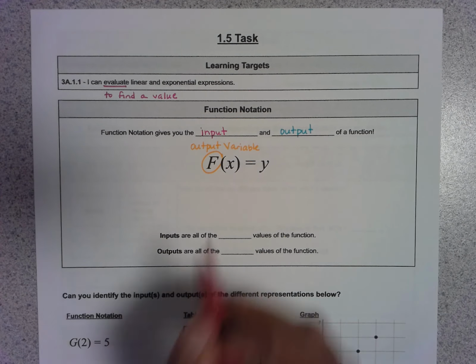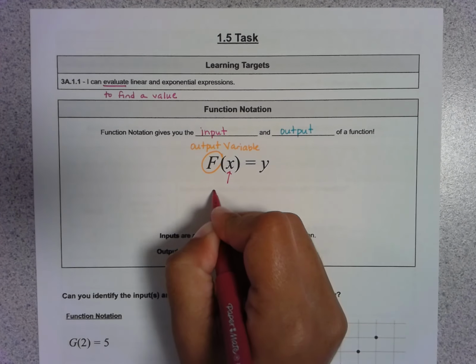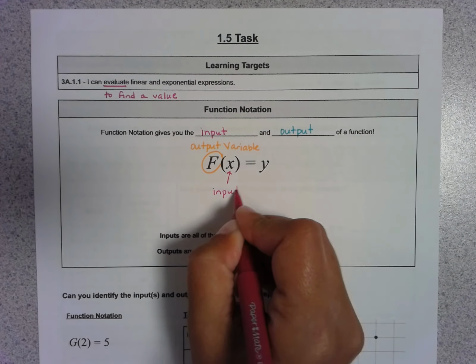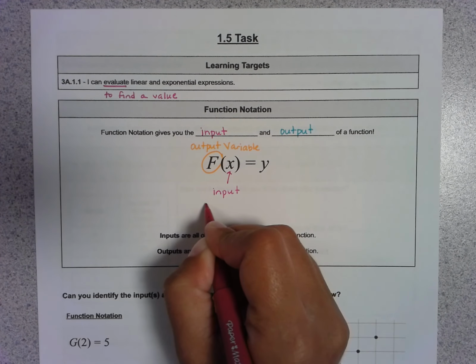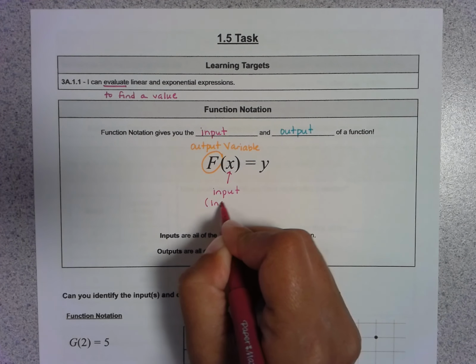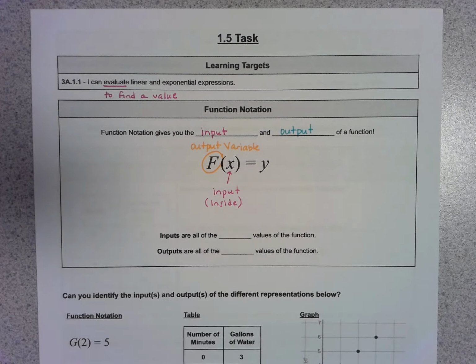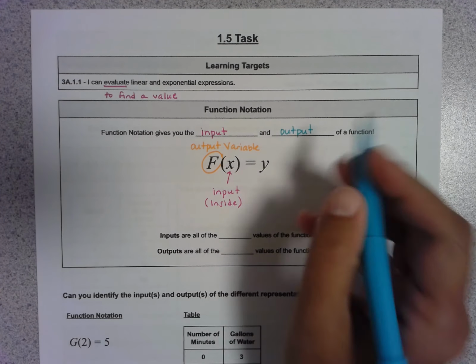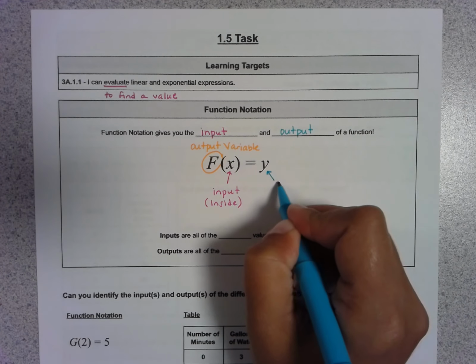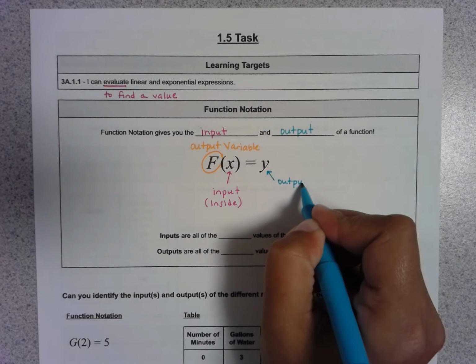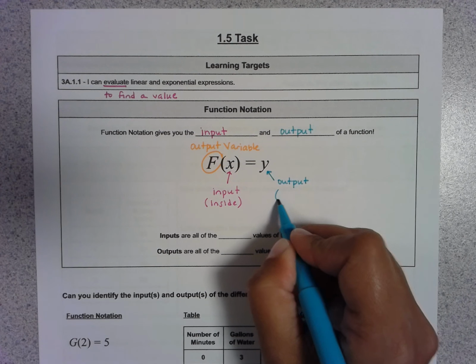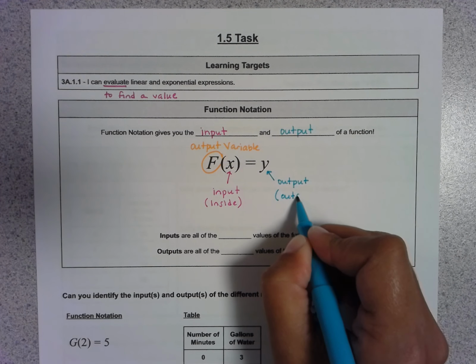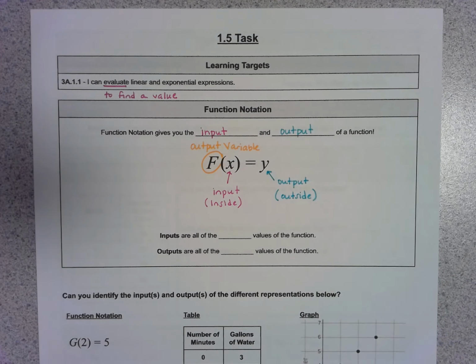Inside of this parentheses is always going to be the input. I remember that because I remember that the input is always inside of the parentheses. And on the other side of the equal sign, so separated from everything else, is going to be the output. And I remember that because the output is always outside of everything else.